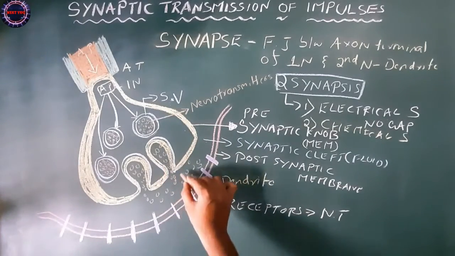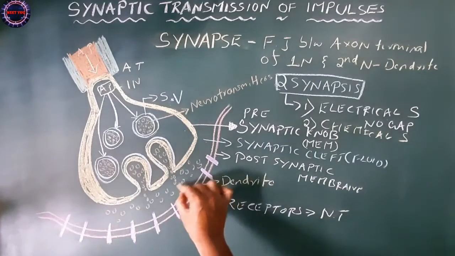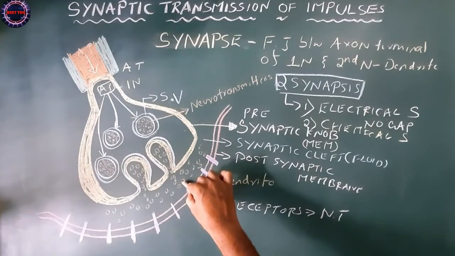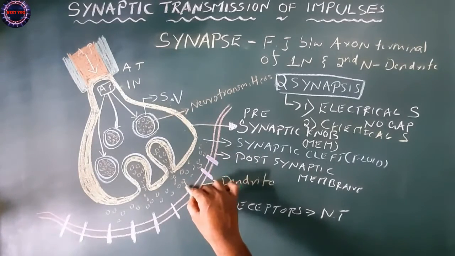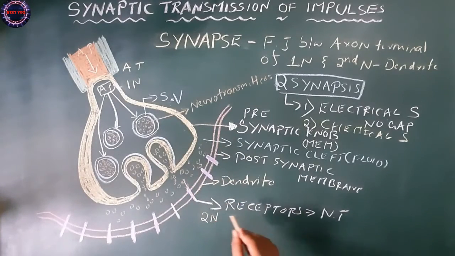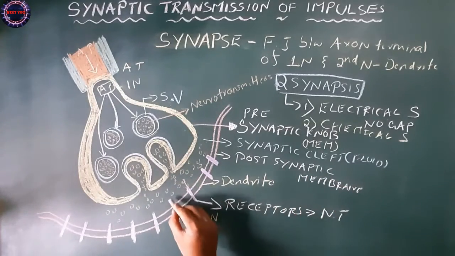The neurotransmitters are released from the presynaptic membrane into the gap, which is called the synaptic cleft. These neurotransmitters then bind to specialized receptors present in the plasma membrane of the second neuron, that is the postsynaptic membrane. They bind to it like this.